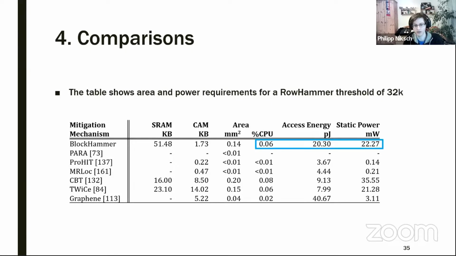We can see that BlockHammer's requirements are similar to those of CBT, TWiCe, and Graphene, but they lag behind ProHIT and MRLoc. This is because ProHIT and MRLoc are non-deterministic approaches, which can be much more area efficient.